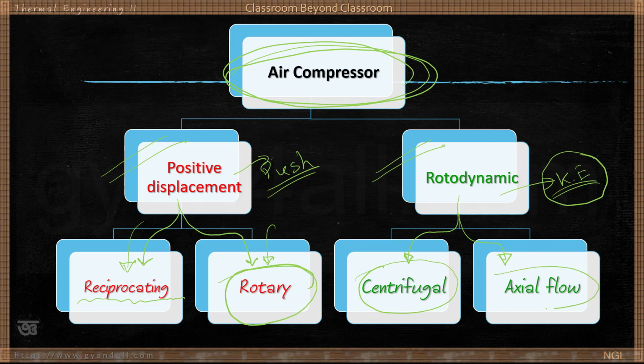And in axial flow, you might remember that in the steam turbine we discussed axial flow steam turbine, in which there are fixed blades and moving blades. It is the same principle as that turbine, but the blade angles and some construction or design details will be different. The flow is axial, that means the air flows parallel to the shaft, but in centrifugal compressors air flows in the tangential direction. That is why it is called a centrifugal air compressor.